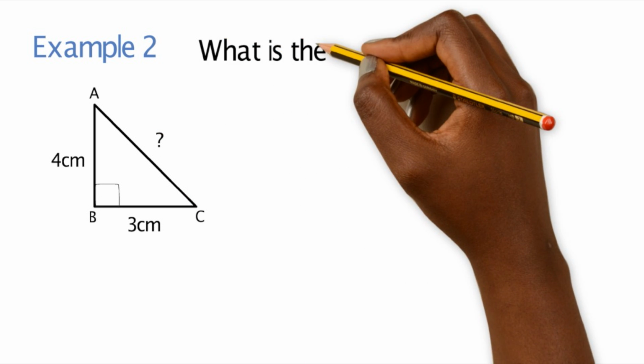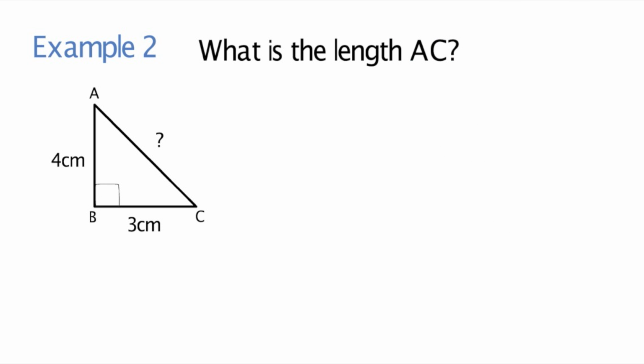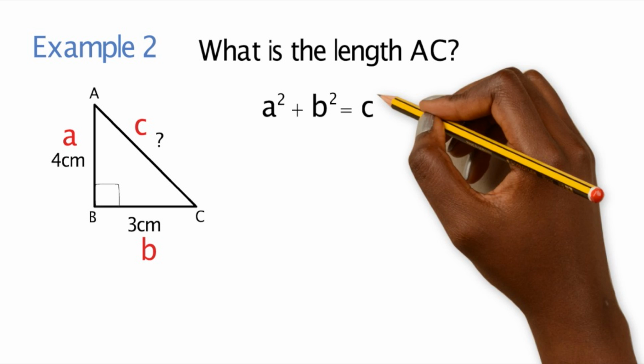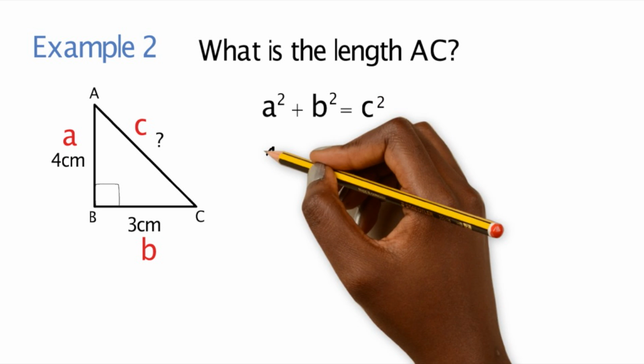So if the question just says, what is the length AC? Again, the line AC. First step, label the triangle. So you've got your C, you've got your A, and you've got your B. Next step, write out the equation. Always write out the equation first before you rearrange it. It will make life 10 times easier, and just to see if your rearrangement is correct.